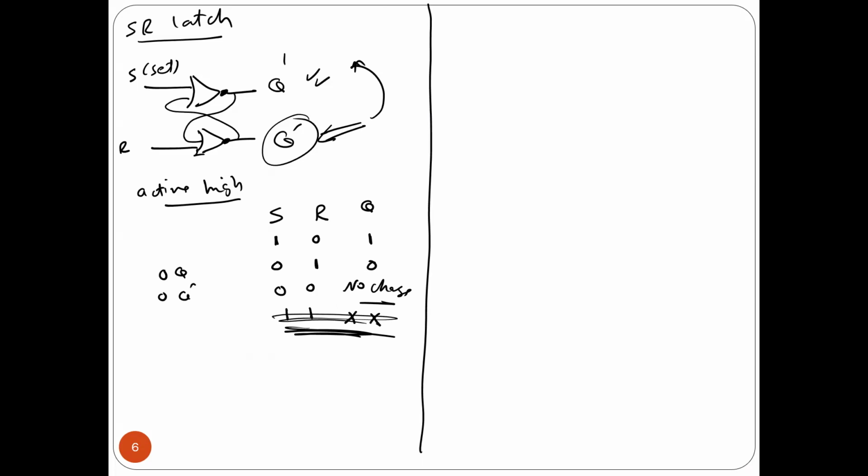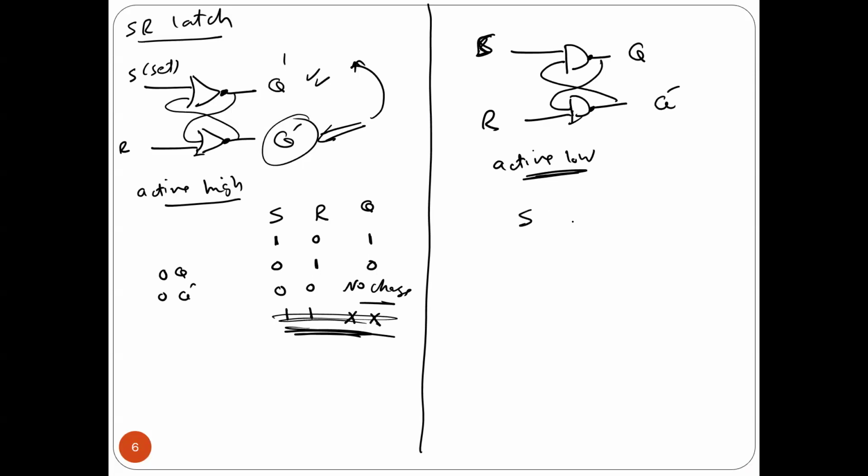We also created the SR latch using NAND gates this way. It's almost the same thing, with Q, Q prime, R and S, but here the inputs are active low.